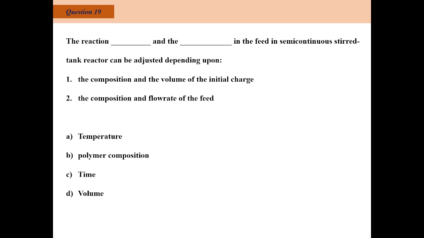The dash and dash in the feed in a semi-continuous stirred tank reactor can be adjusted depending upon the composition and the volume of the initial charge, and the composition and flow rate of the feed.